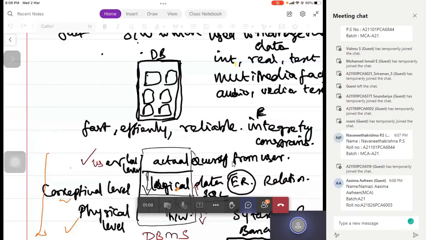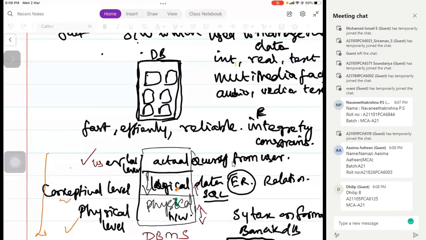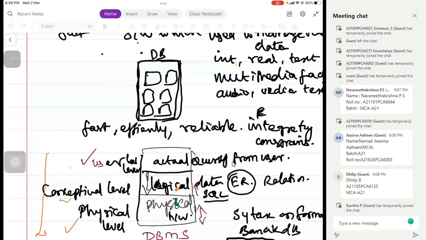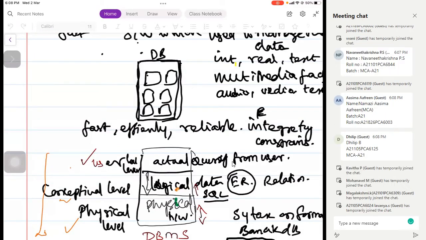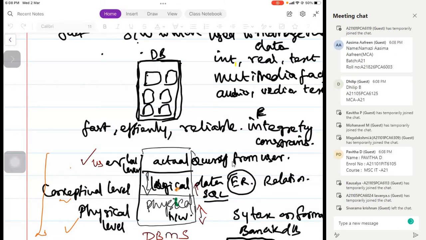What is the physical level? That deals with the device which we have used, either hard disk or floppy disk, or it may be magnetic tape. Magnetic tapes are still used, because backups can be kept on a magnetic tape.